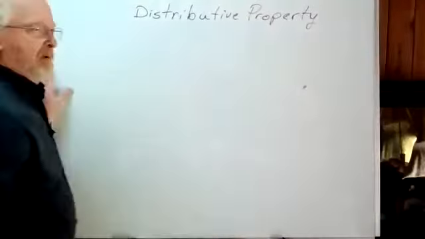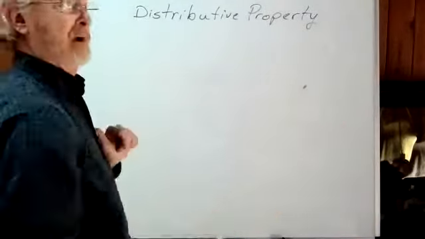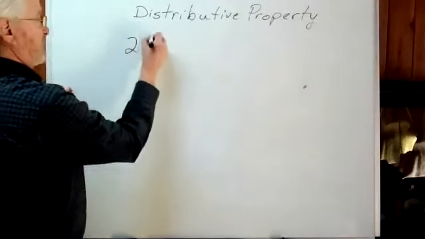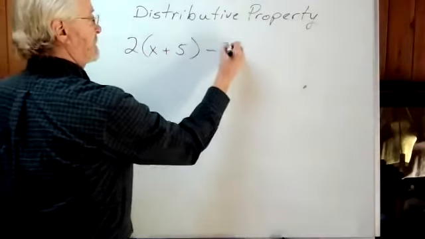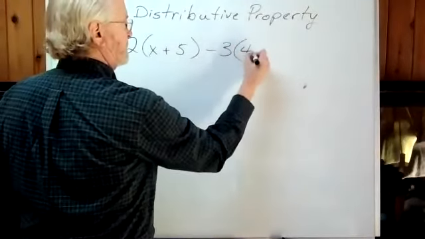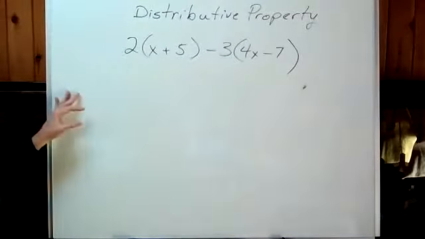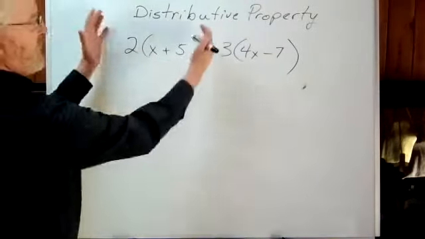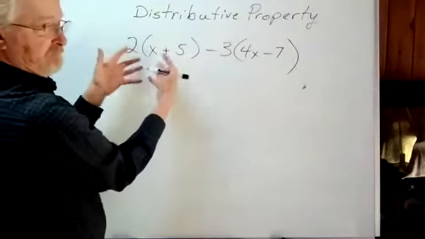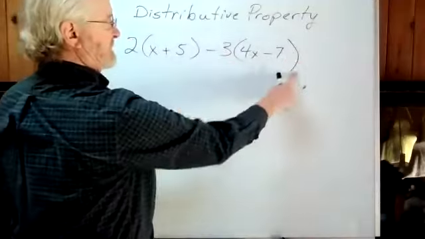So then you'll get to some that, a couple of those big pieces you have to distribute to. Here's a longer expression. Here's one big term with some multiple pieces inside, and another big term, multiple pieces inside.